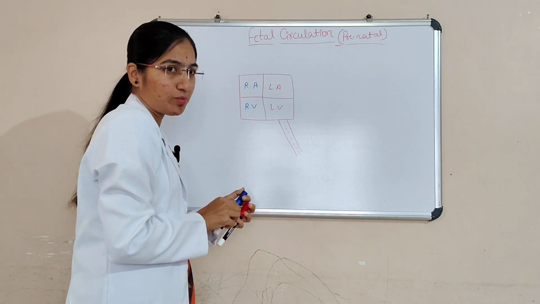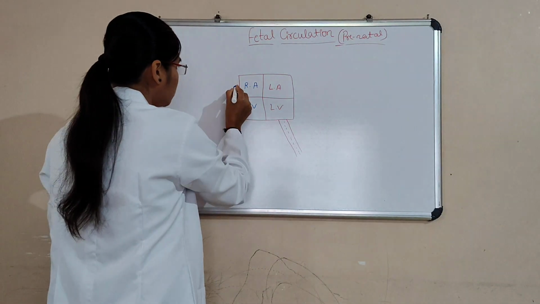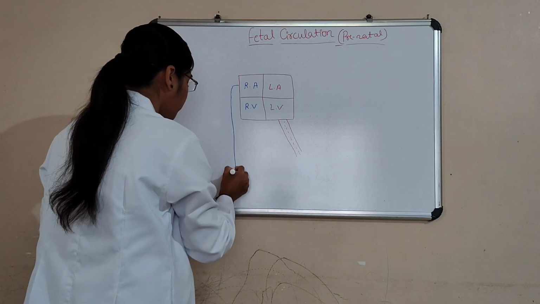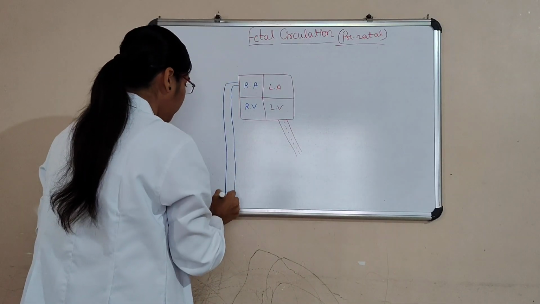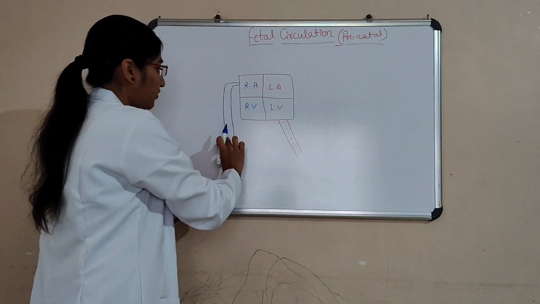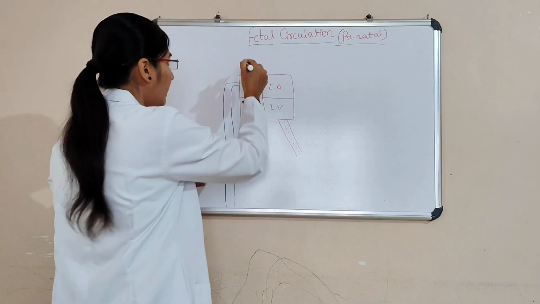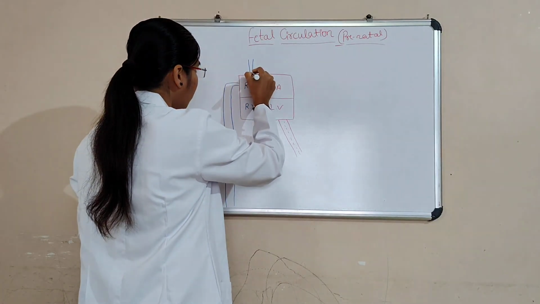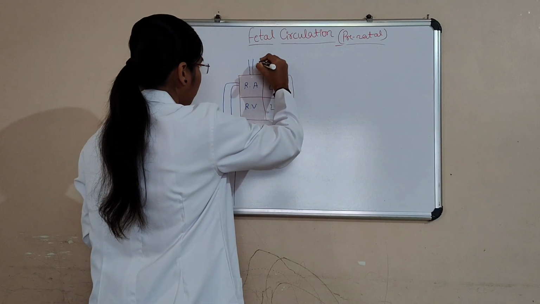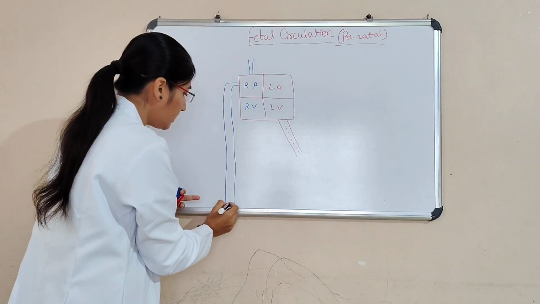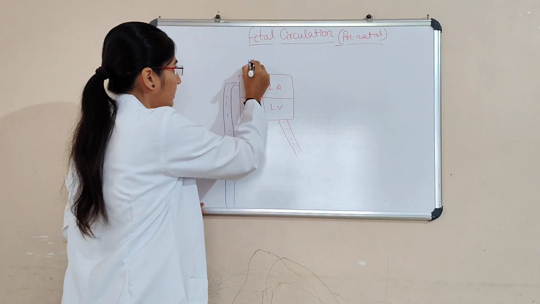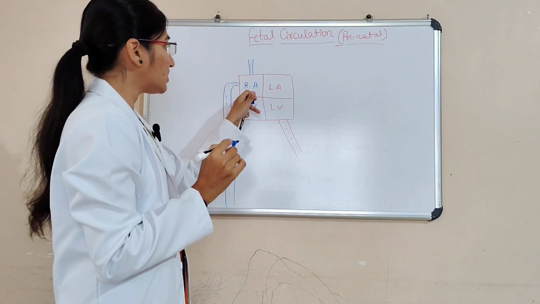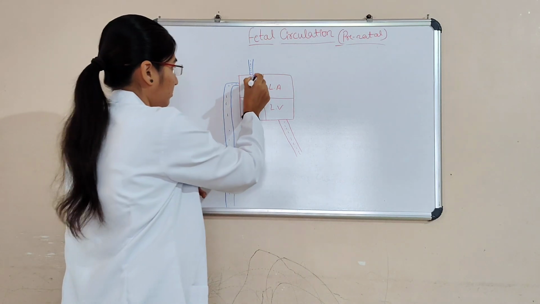Then what about the impure blood? This one is the superior vena cava, this one is the inferior vena cava. Here impure, deoxygenated blood is going to supply to the right atrium.